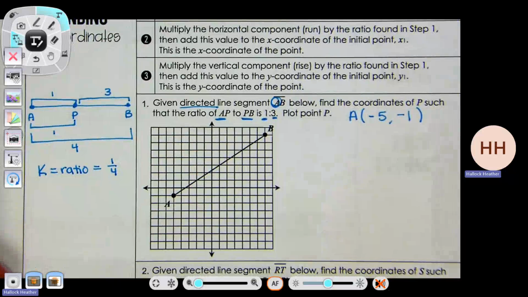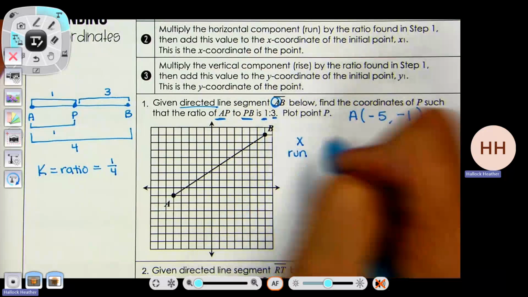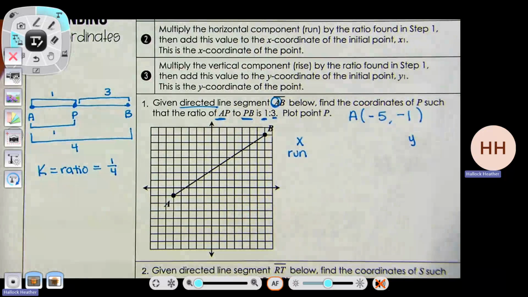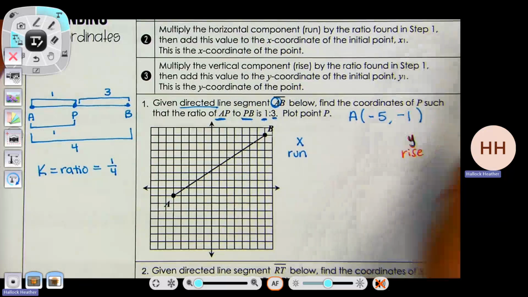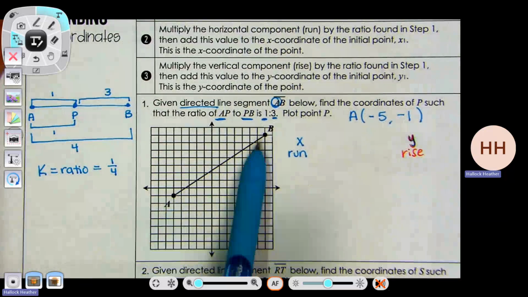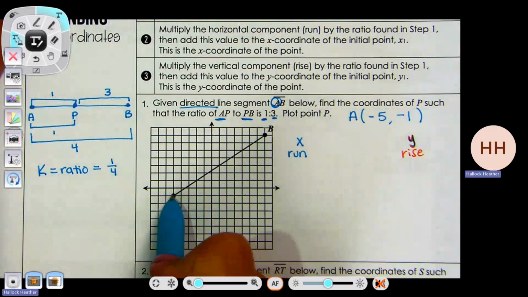Okay. So we basically want to know where 1/4 of the line is from A to B. We're going to do this mathematically. You could try to figure this out on your graph, but I want to show you the proper way to actually do it as well. The first thing we're going to do is talk about X, which is your run. Think about rise and run. Y is technically your rise because you rise on your Y. From A to B, how much do I have to run across my graph to get to B?